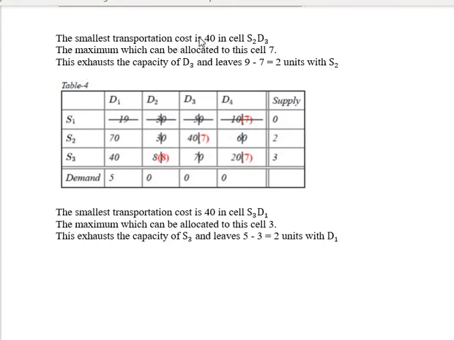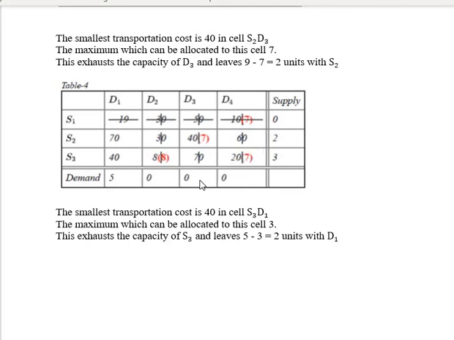The smallest transportation cost is 40 in the cell S2D3, as we said above. Next, using this information, we can form the table 4.